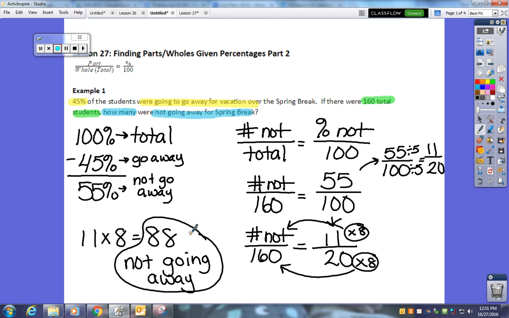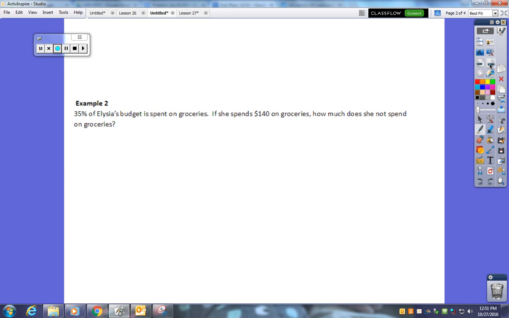Let's look at another example. Example 2 says 35% of Alicia's budget is spent on groceries. If she spends $140 on groceries, how much does she not spend on groceries? So we are looking to find the amount that she does not spend on groceries.